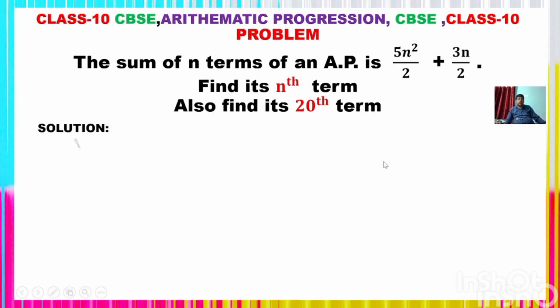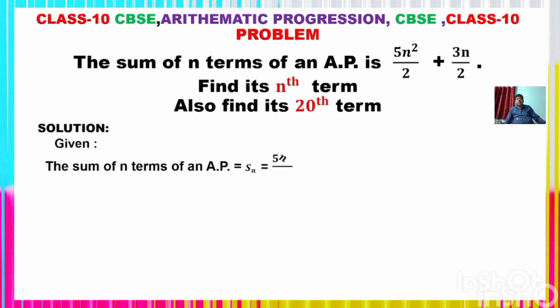Look at the solution. It is given that the sum of n terms of an AP, Sn, is equal to 5n square by 2 plus 3n by 2, which is a quadratic polynomial in variable n. And we know, according to important properties of AP, any quadratic polynomial always indicates the sum of n terms, and any linear polynomial always indicates the general term of the AP.